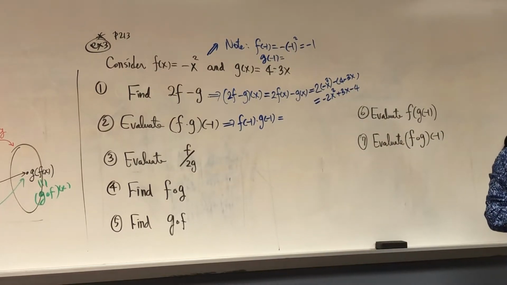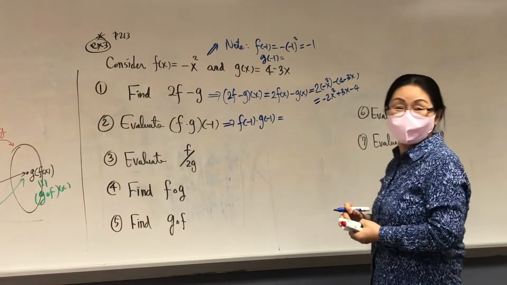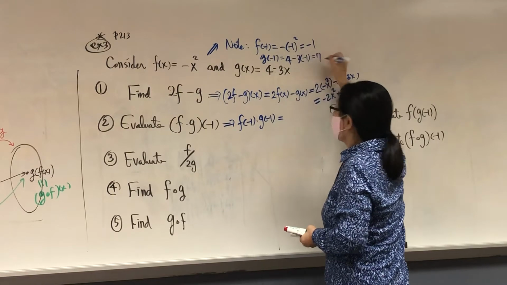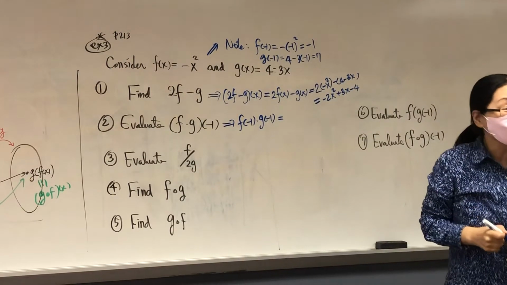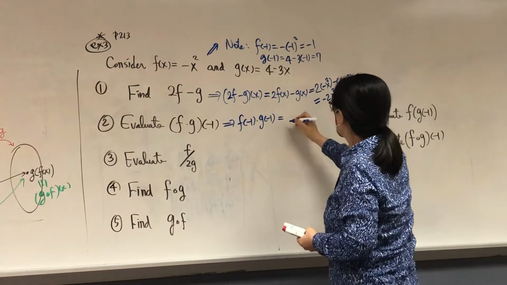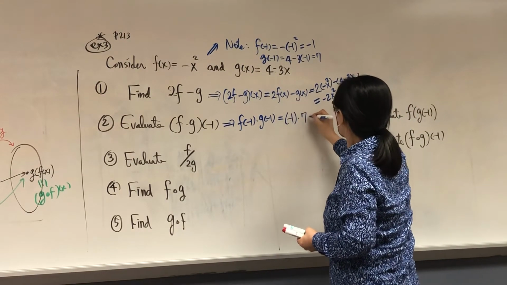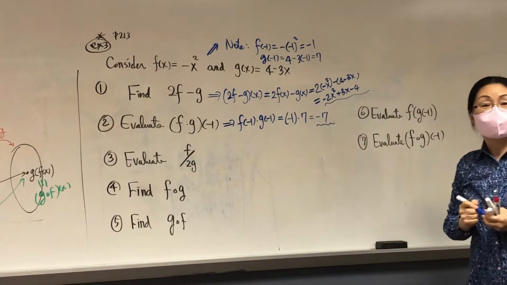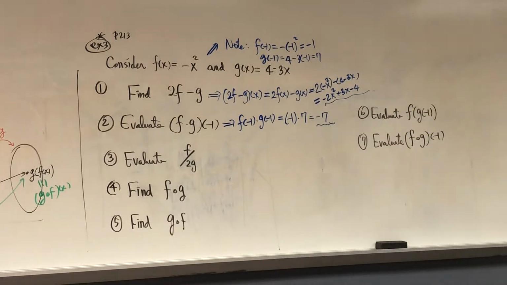It's 7, right? So multiply here, and your answer is the value. Can I keep going? Any question?